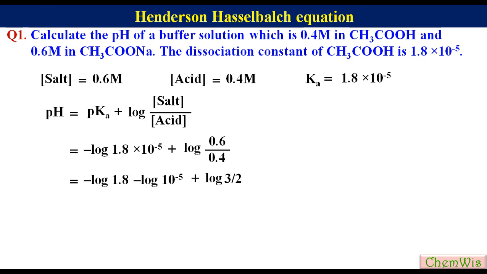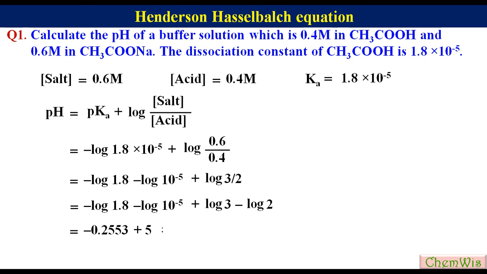Or we can write pH is equal to minus log 1.8 minus log 10^-5 plus log 3 minus log 2, is equal to minus 0.2553 plus 5 plus 0.4771 minus 0.3010. That will be equal to 4.92.